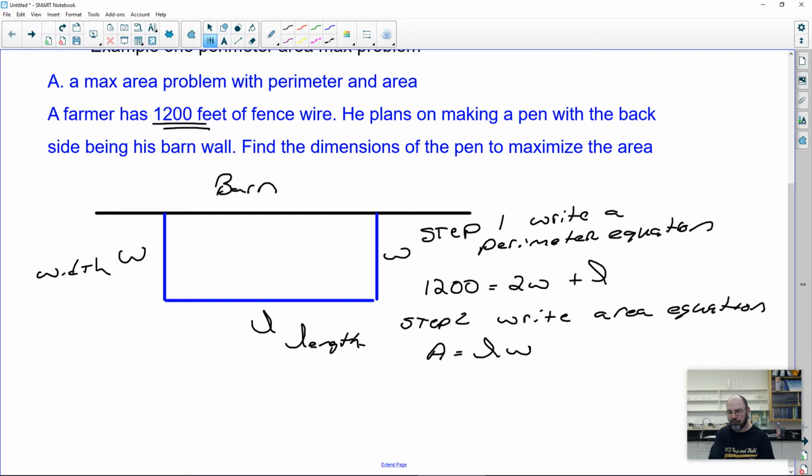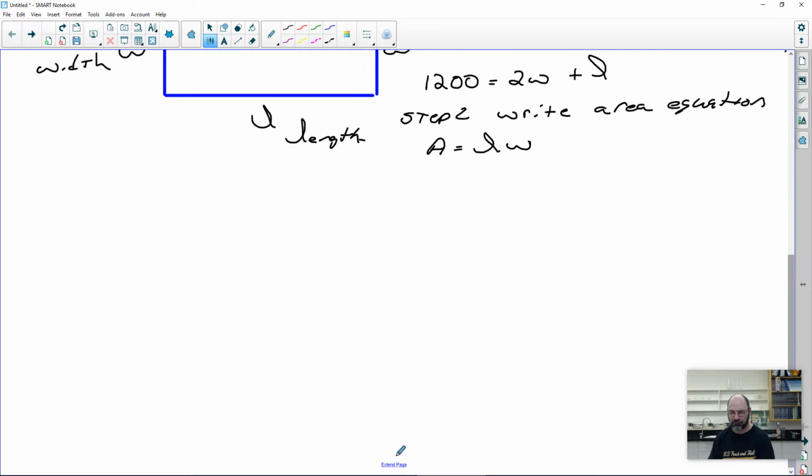Okay, so we're going to maximize this area now. So in step 3, what we do is we write the perimeter equation in terms of one variable and plug it into the area equation so that the area equation becomes an equation of one variable.